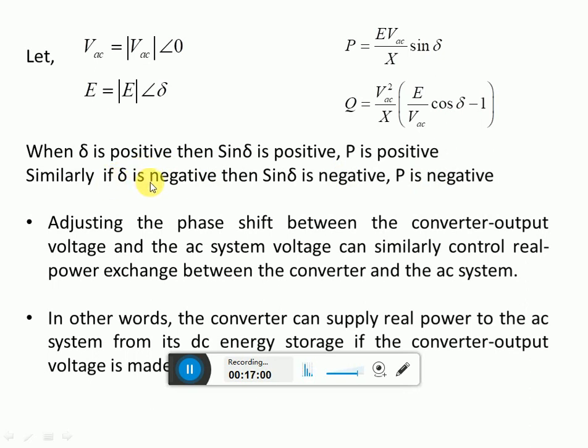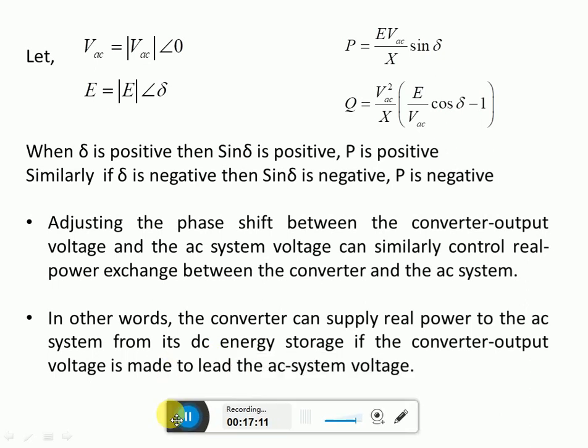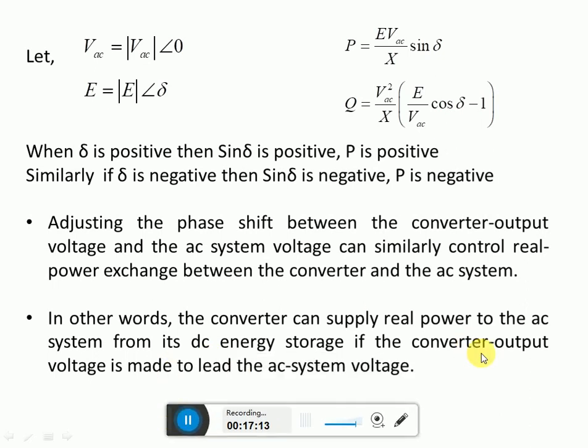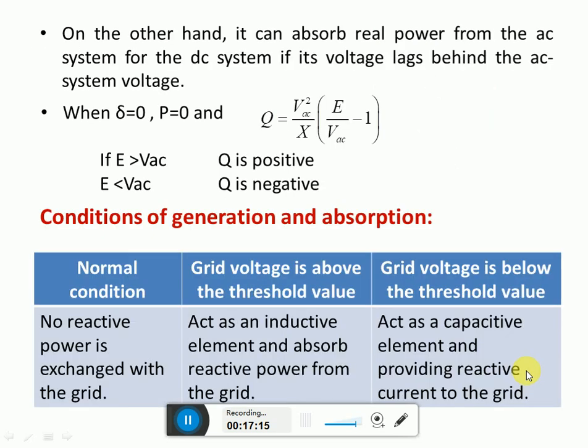Delta negative means E lags the voltage by some angle. Which voltage? The system voltage. So this way, as written here, the voltage lags behind the AC system voltage.